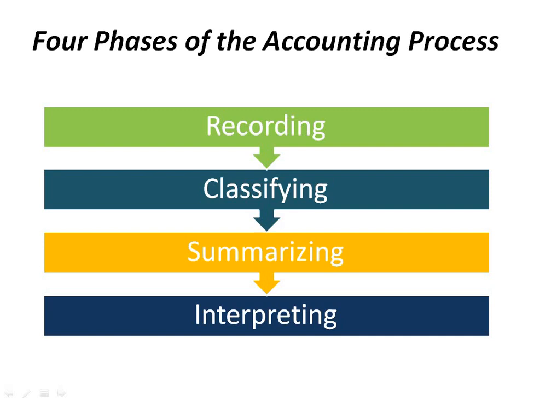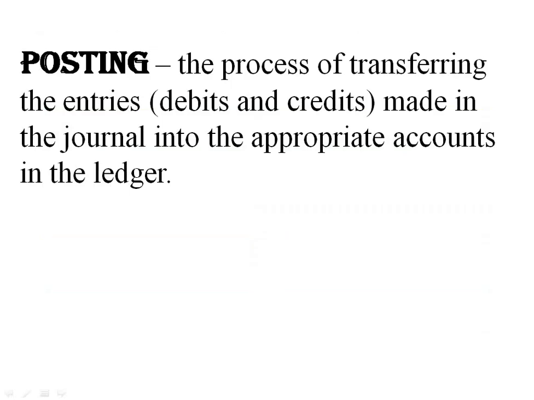The classifying phase of accounting is commonly referred to as posting, which is the process of transferring the entries made in the journal into the appropriate accounts in the ledger.